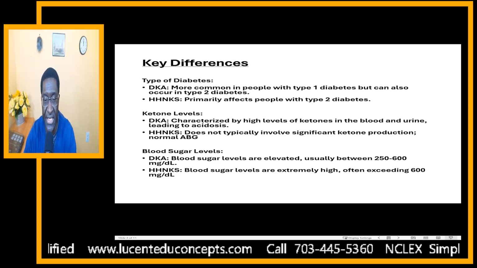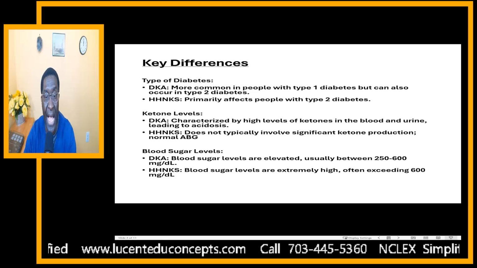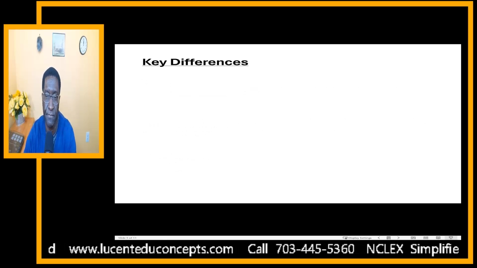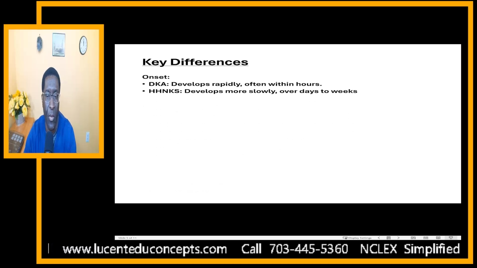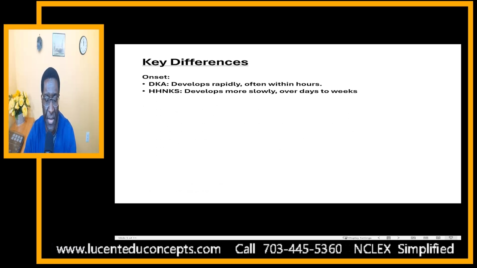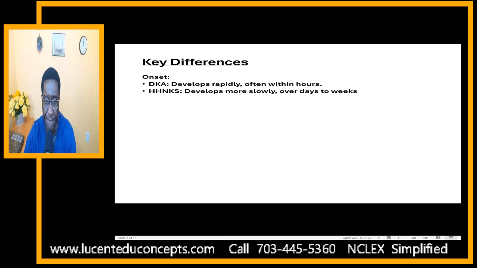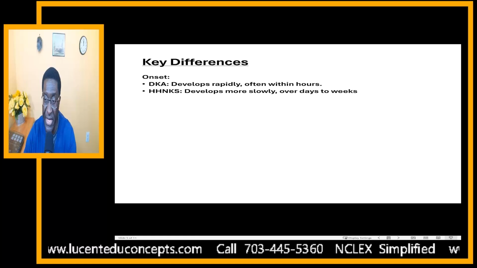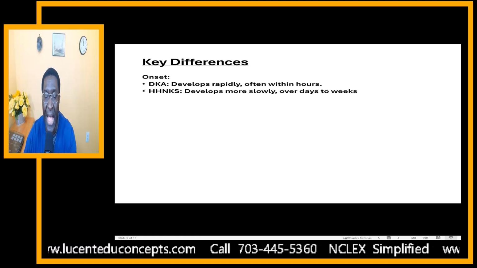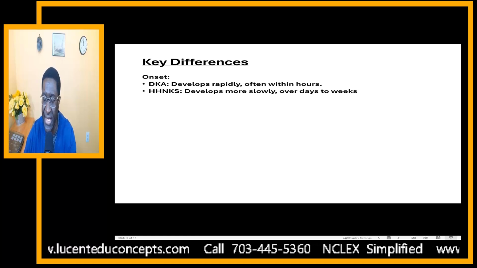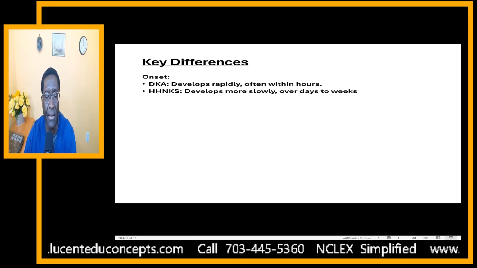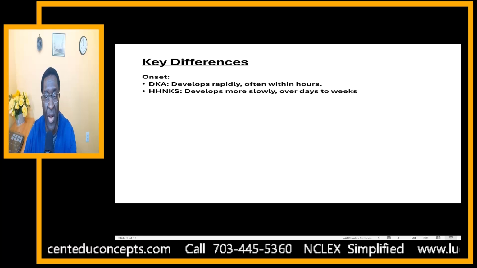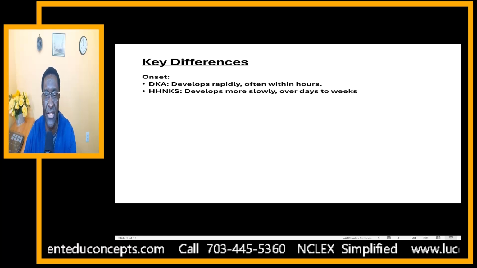In DKA, sugar levels are lower as opposed to HHS. What about onset? DKA develops very rapidly, within hours. However, HHNKS development is slower, and it can occur over days to weeks.